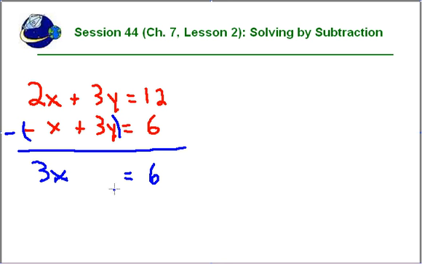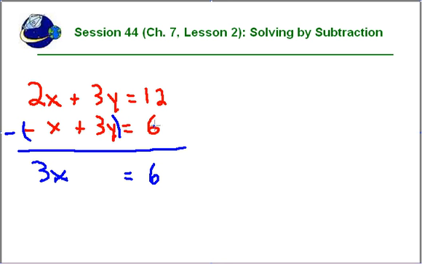Now remember, whenever you add or subtract or multiply or divide in algebra to one side of the equation, you need to do the same thing to the other side of the equation by an equivalent value. Well, in this second equation here, it tells us that minus x plus 3y is the same thing as 6. So by the fact that we subtracted minus x plus 3y from the left-hand side, and then we subtracted 6 from the right-hand side, because those two are equivalent to each other, we've actually subtracted both sides of the equation by the same value.